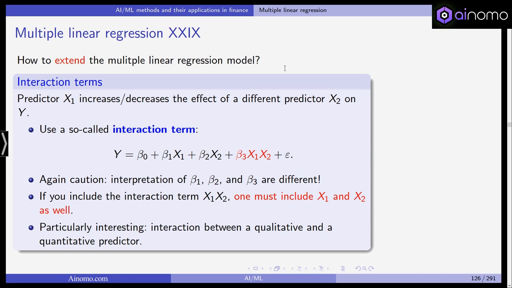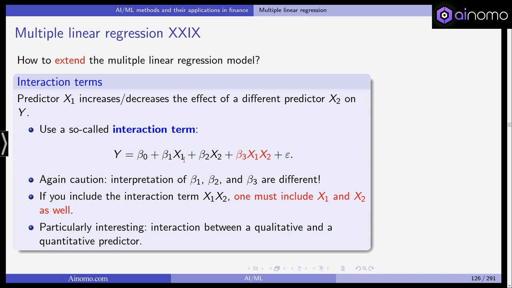Beta 1 measures the effect of x1 when x2 is 0. So this is the isolated effect of x1 if x2 is 0, and beta 2 measures the effect of x2 on y if x1 is 0. So this is a little bit tricky, and also to correctly measure the interaction term, one must include x1 and x2 in the regression as well. So this equation here is correct in the sense that we have included x1, x2 and their product.